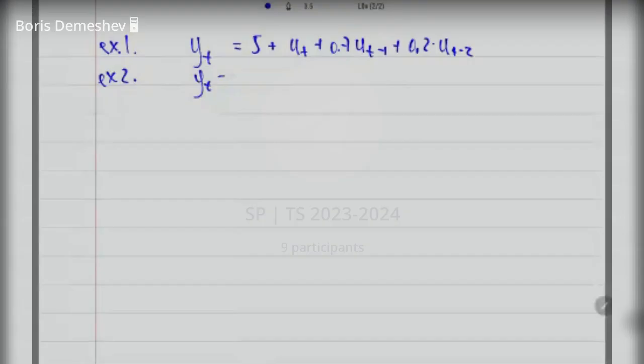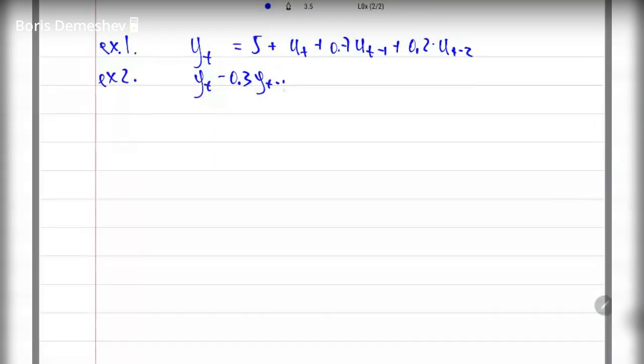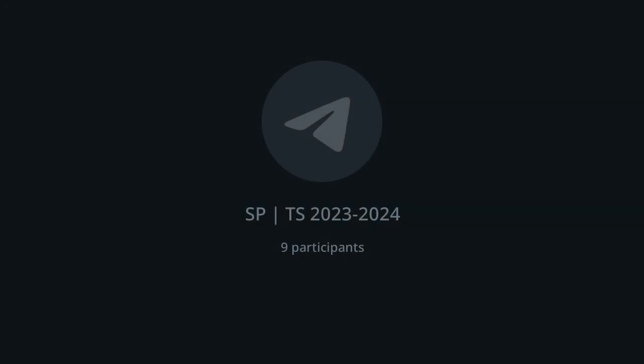Example 2: YT minus 0.3 YT minus 1 is equal to 5 plus UT plus 0.7 UT minus 1 plus 0.2 UT minus 2. How many solutions does the first equation have? How many solutions does the second equation have? If we don't care about the stationarity, how many YT can you find?